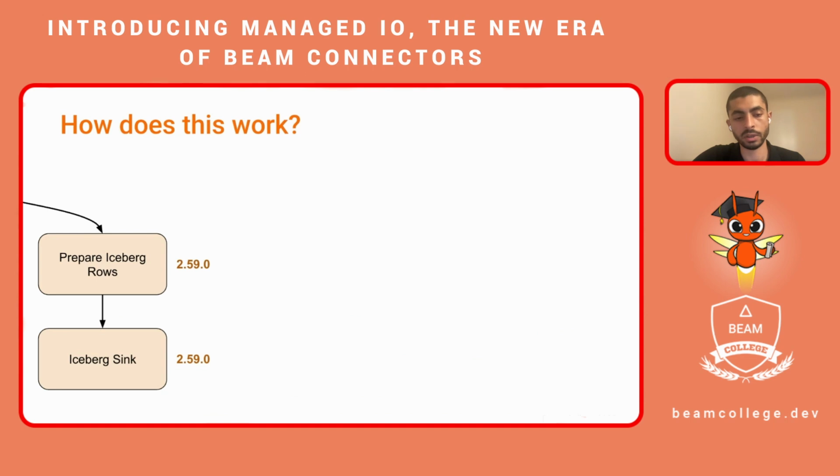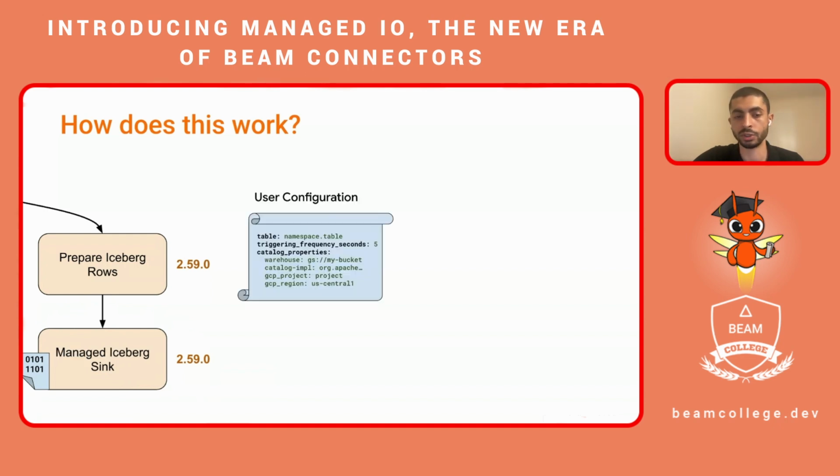So let's take a look at the original pipeline that I showed in the beginning, but let's replace this IcebergIO sink with its managed version. Now, what happens is you provide a configuration to configure the transform.